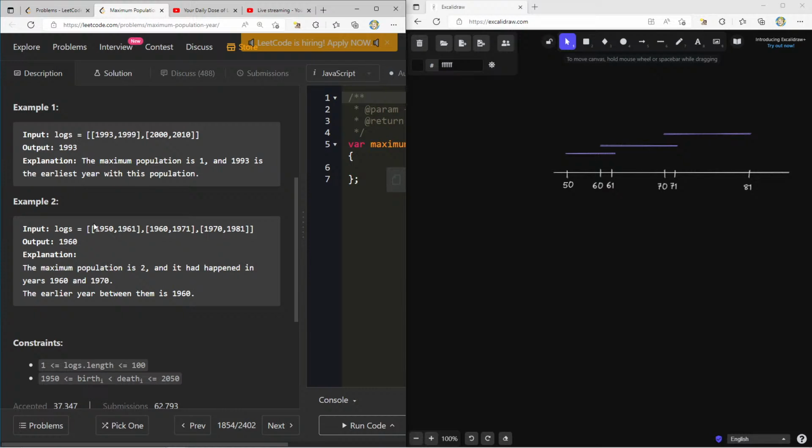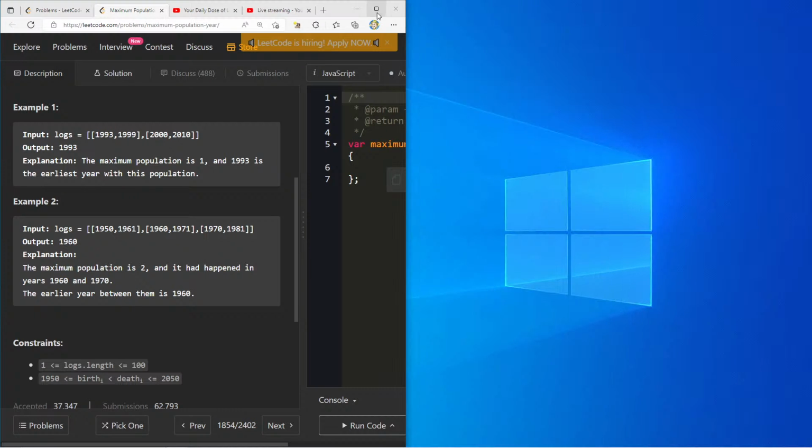So let's think about this. If that's the maximum, do we just take the birth year? 1960 and 1970. So you take the maximum with the birth year, and maybe that's the answer. What I'm thinking about doing, let's see if we can do this.